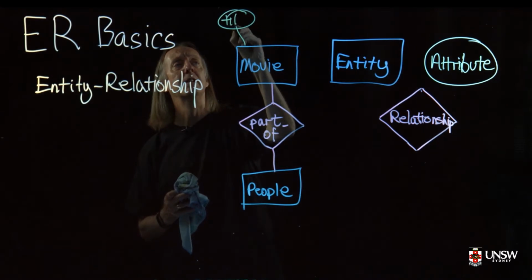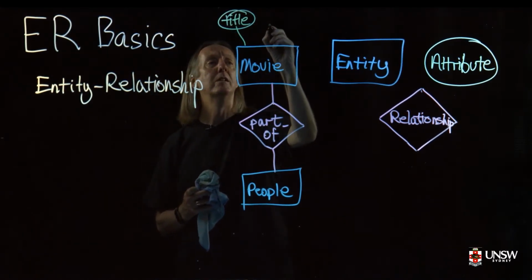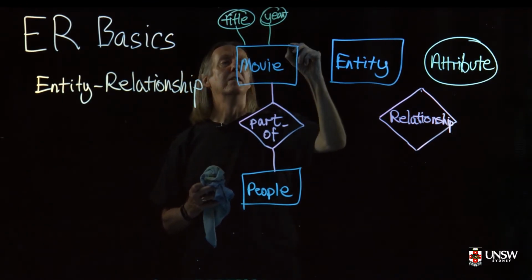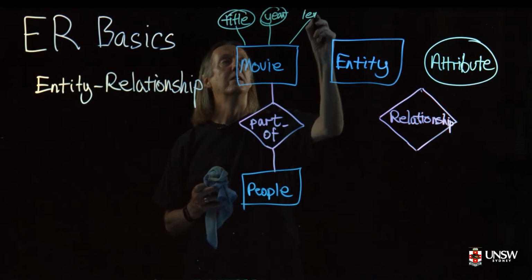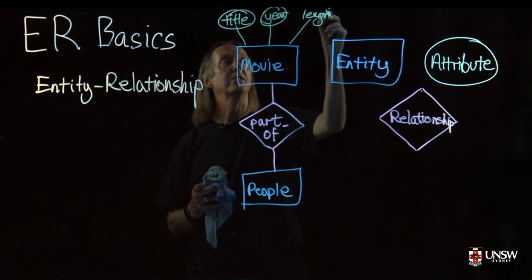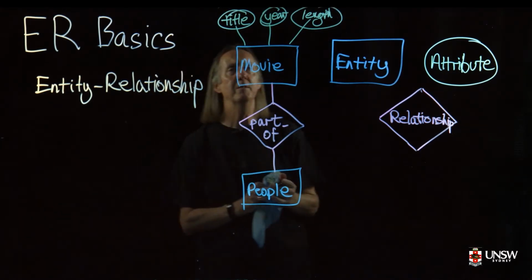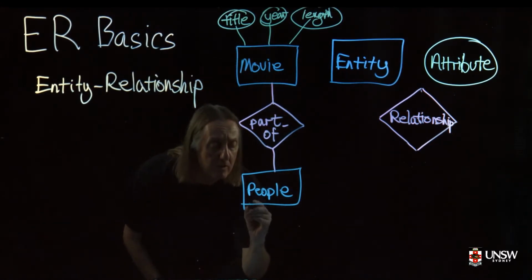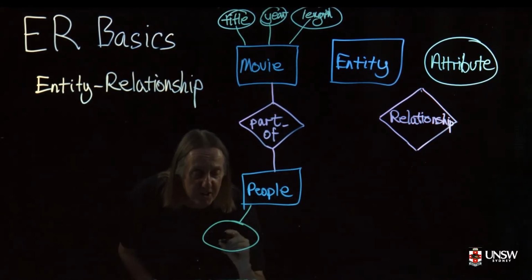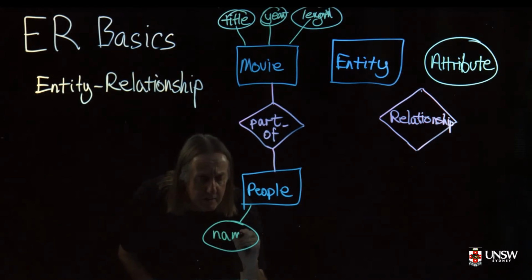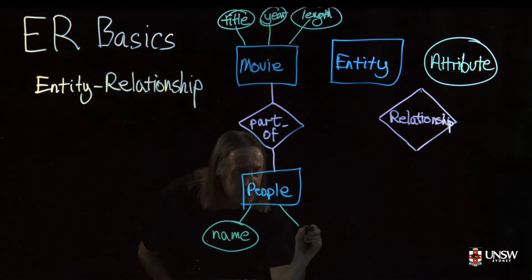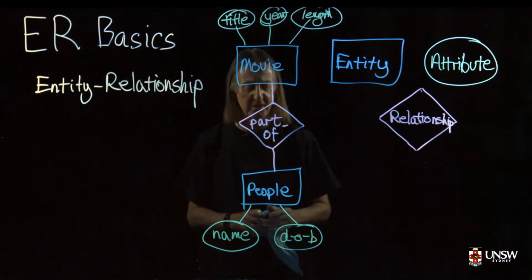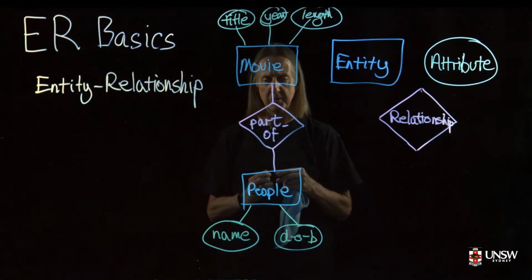So we've got the movie title, the year it was made, the length in minutes of the runtime. So there's three simple attributes. For people, we also have a title for that person, which is their name. And I think I mentioned last time that movie fans seem to be obsessed with actors' birthdays, so we'll store a date of birth for those people.